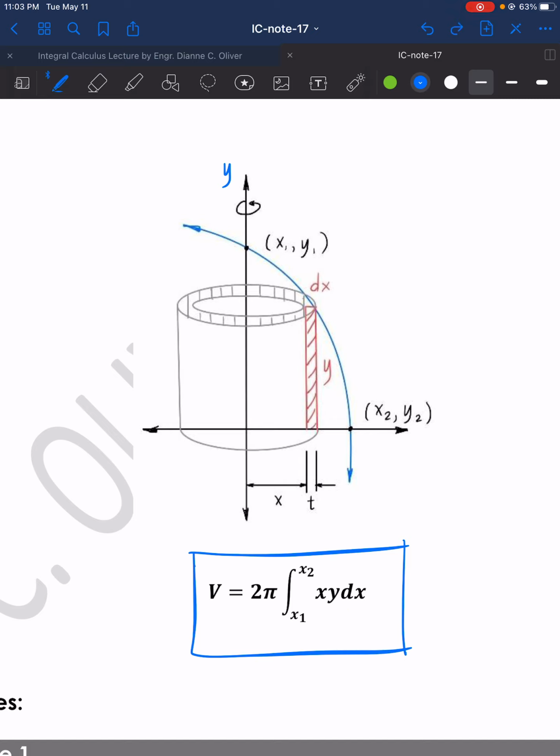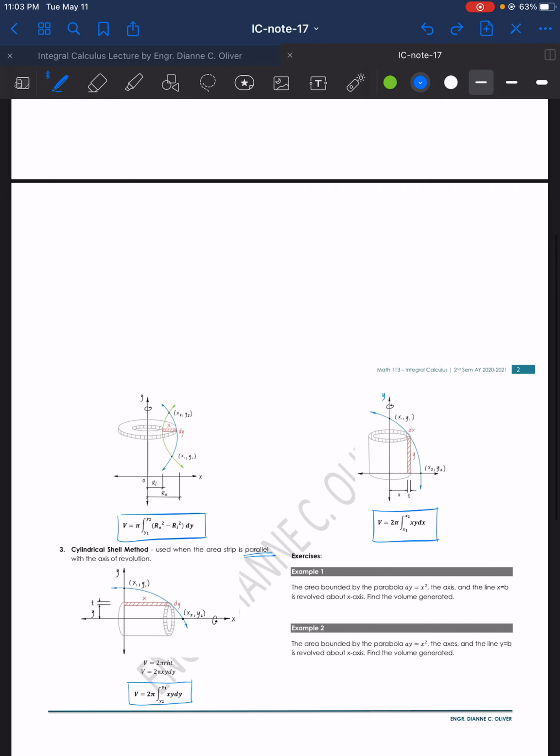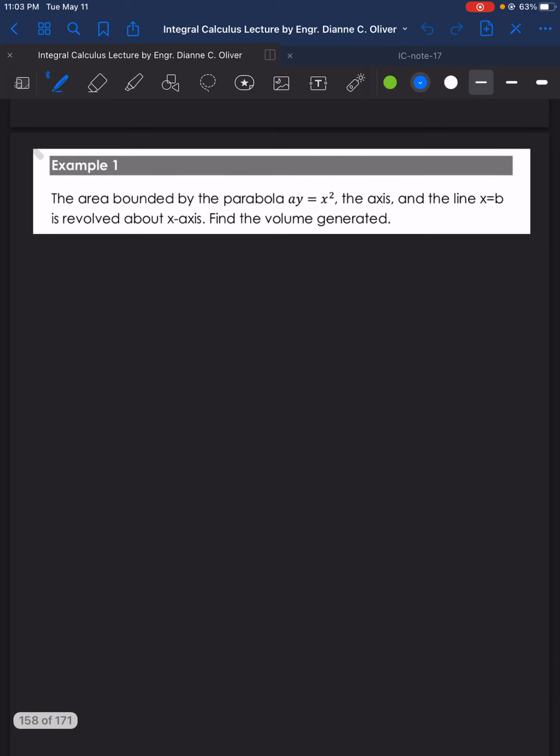And since we're using dx, the limits are x1 and x2. Okay, so those are our methods and formulas to be used. Let's solve the examples. There are 6 of them.